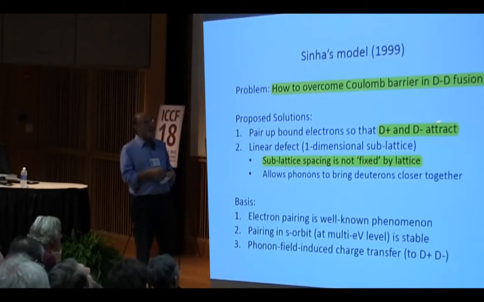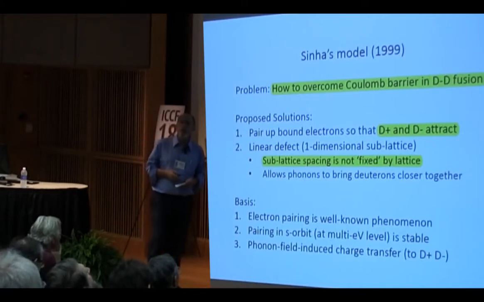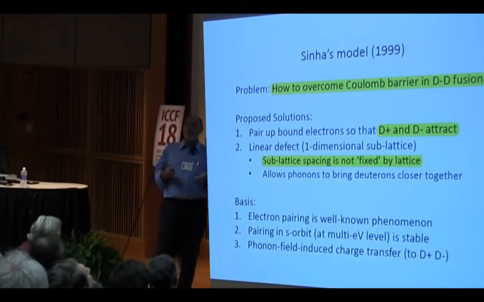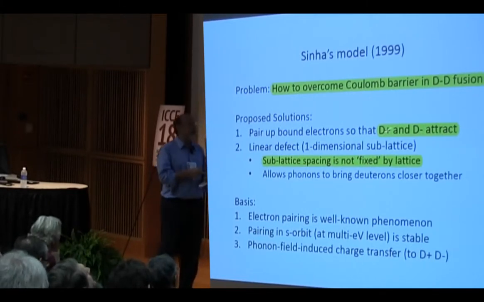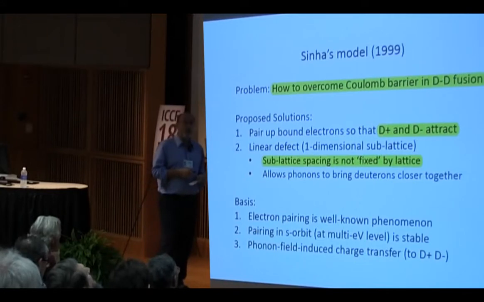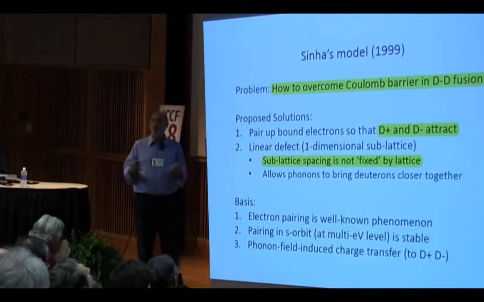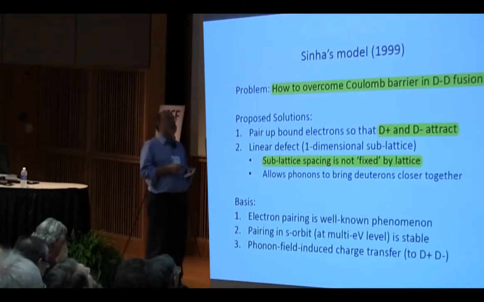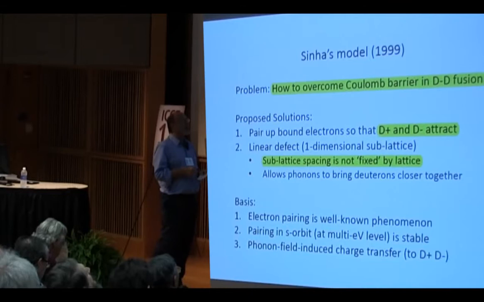So you have D plus, D minus, and now instead of having a Coulomb barrier, you in fact have a Coulomb attraction. You're separated by the lattice spacings, but when you come together, it's an attractive relationship. So you've really abbreviated the Coulomb barrier and greatly enhanced the tunneling probability.